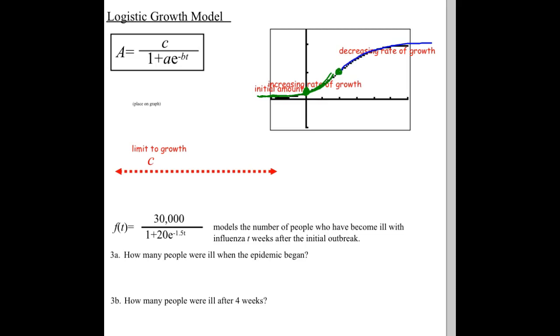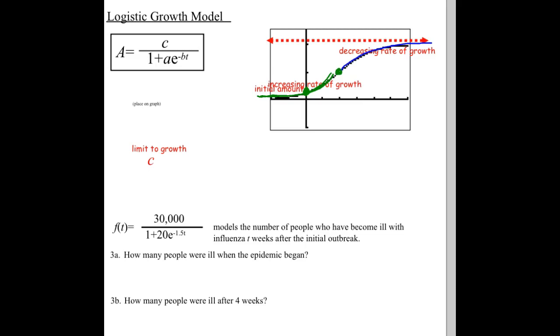And then we have something called the limit to growth. What is the maximum that that environment can support in terms of the population, or how tall can the plant grow before it starts tipping over, that kind of thing. So there is a limit to growth, and that is our top horizontal asymptote. We also have a horizontal asymptote at the x-axis. Okay, so in a logistic growth curve, you're going to have two horizontal asymptotes, and it's going to level off at the end for each of those.